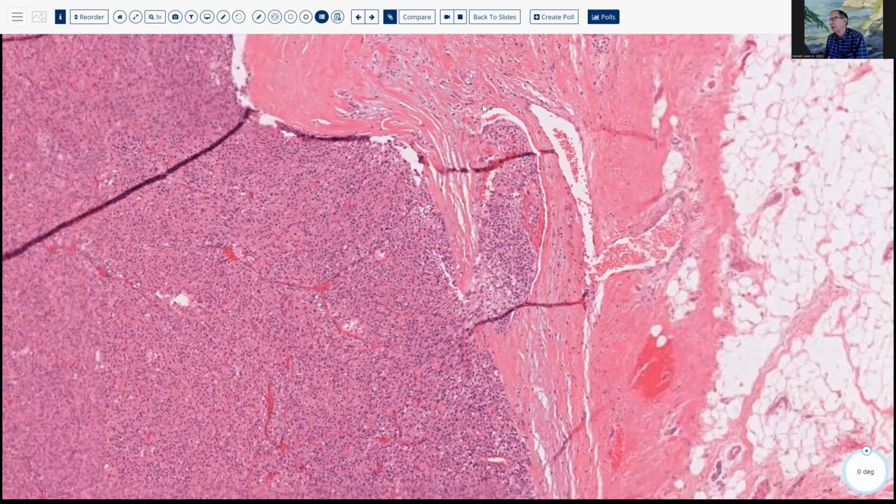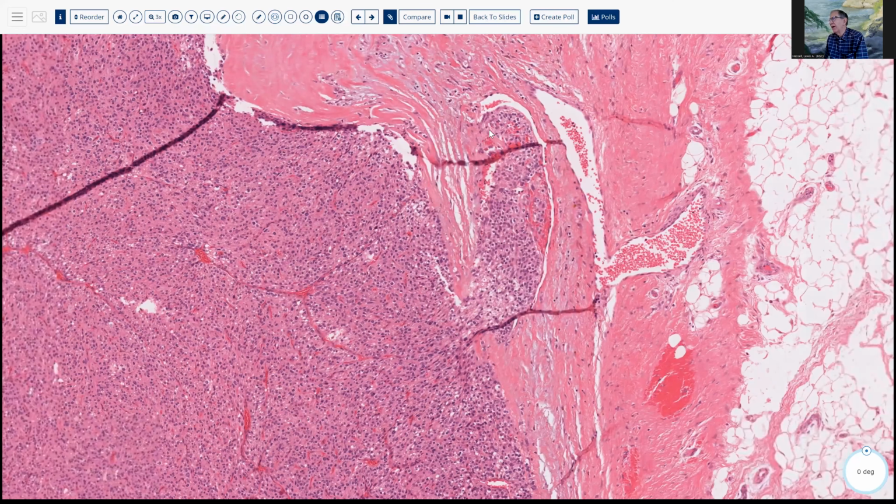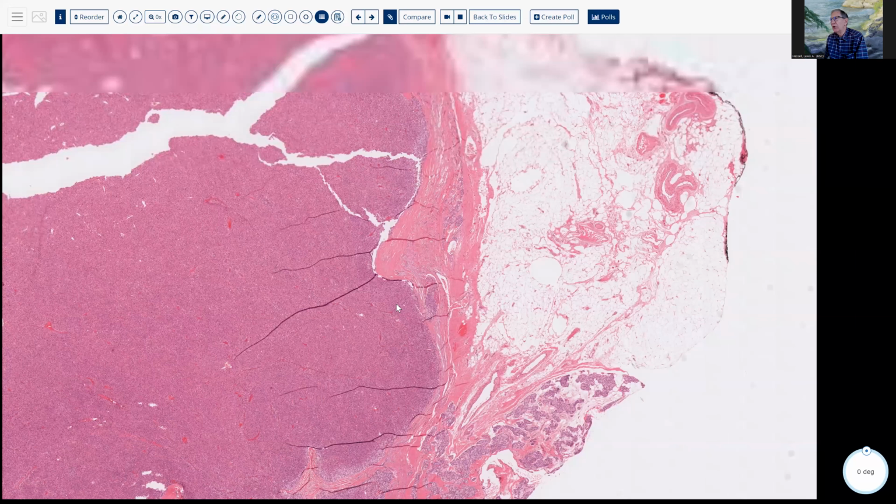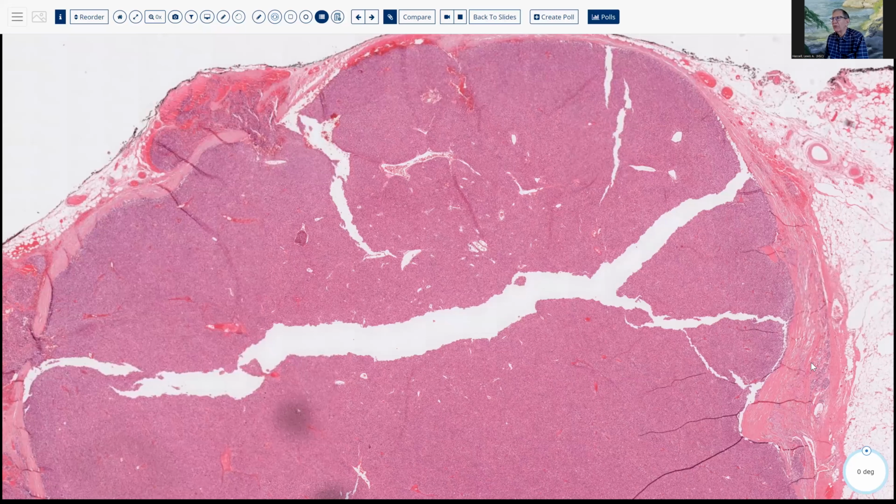And if you'll believe me that these cells marked as endothelial cells in this particular space right here, you might accept that as being vascular space invasion. Now, sometimes we do need to do endothelial markers to be certain. We use either CD31 or CD34 as those markers.